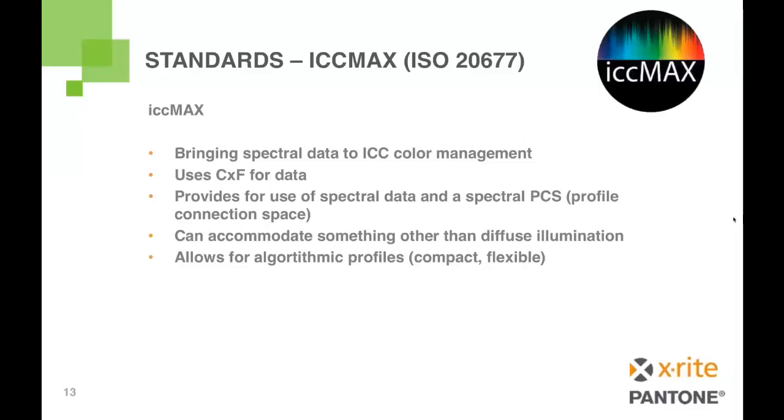And it's using CXF for data, but what it really does is put spectral data as the foundation, which means now automated color management can do this in a very normal way, and you can get those powers of worrying about illumination, worrying about different kinds of measurement, worrying about all the things that happen when we move to new substrates and things like that.